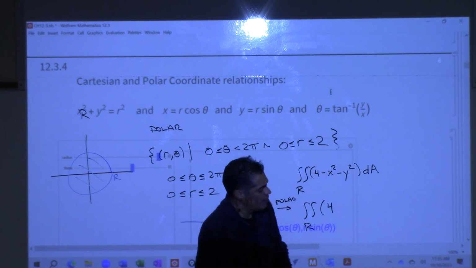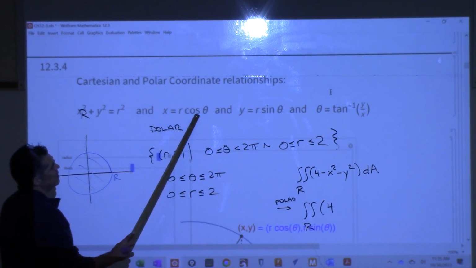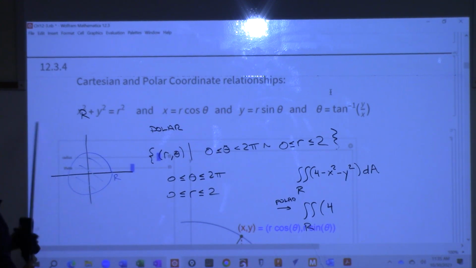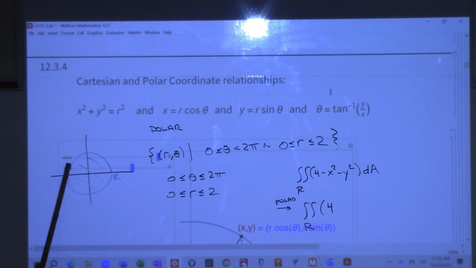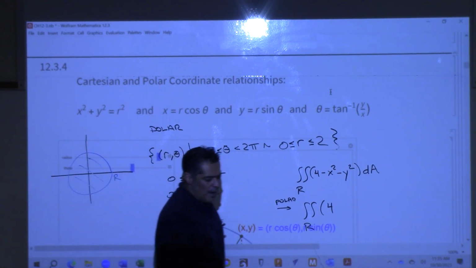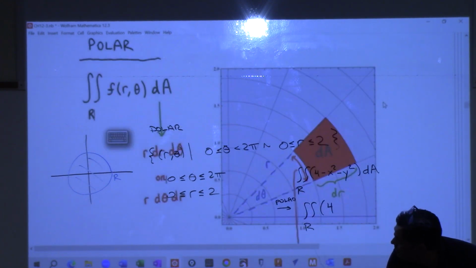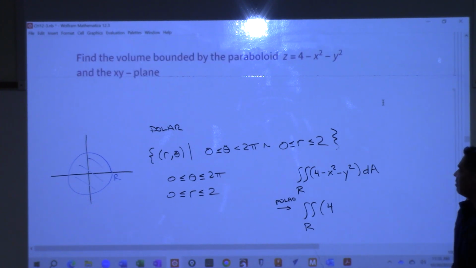Right here, Cartesian and polar relationships. Yes, x is r cosine theta, y is r sine theta, but remember this one. Oh, I covered it up. What? x squared plus y squared equals r squared, right? So anytime we ever see x squared plus y squared, that's equal to r squared.